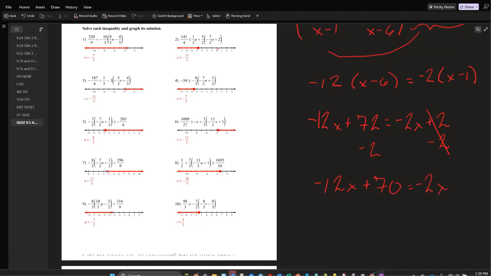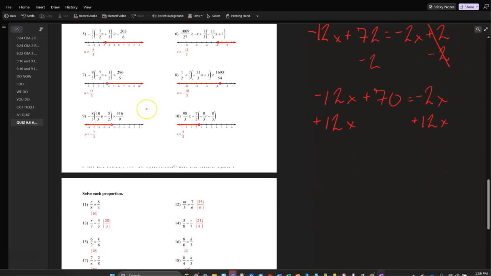Now what I can do is go ahead and move over the x on that side, plus 12x. It's going to cancel on this side. 70 equals 10x. Divide both sides by 10, and I have x.